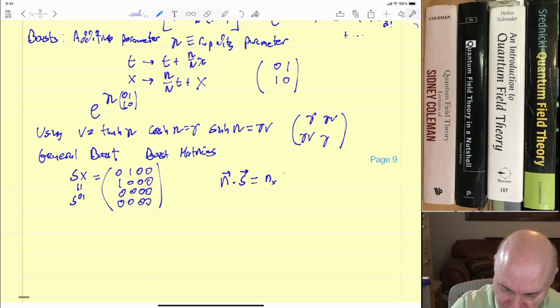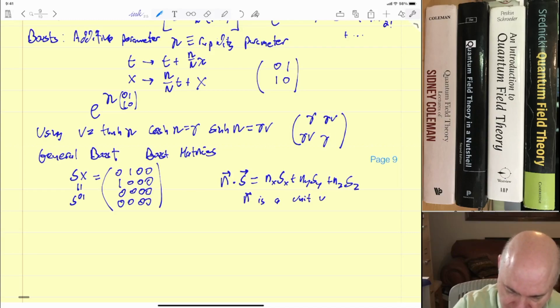So that implies nx squared plus ny squared plus nz squared equals 1.